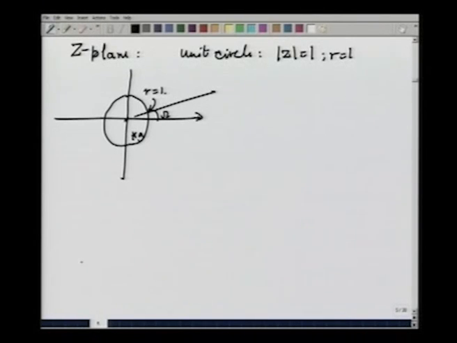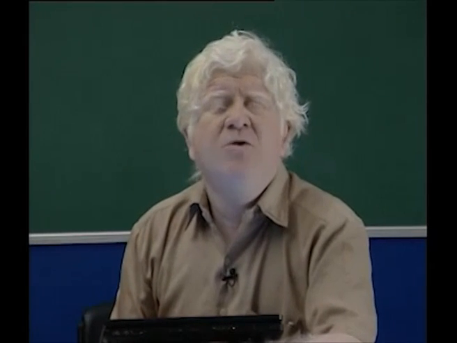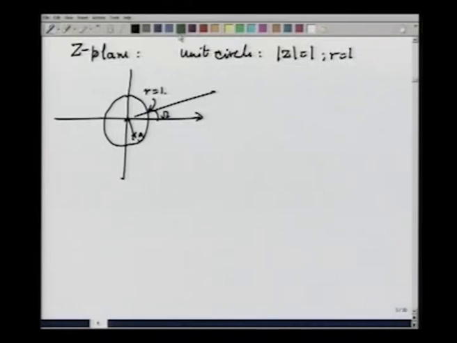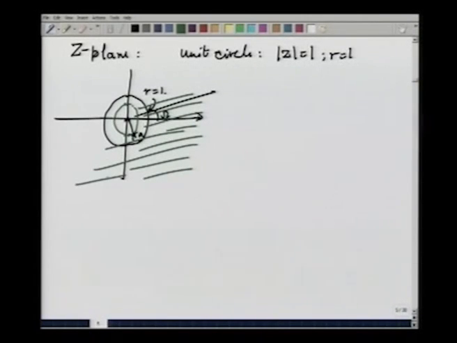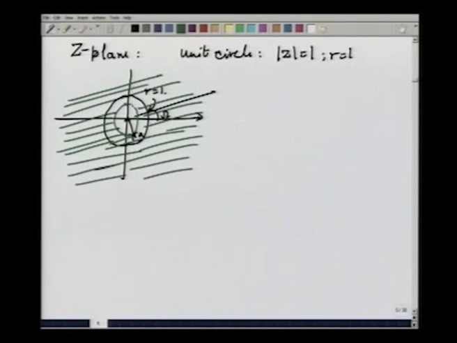Now, this has some magnitude. To say that the region of convergence includes all points on the z plane for which the magnitude is more than the magnitude of a is to be able to draw a circle of the radius of a and then to mark by shading all points outside the circle as the region of convergence. So, the green area is the ROC.